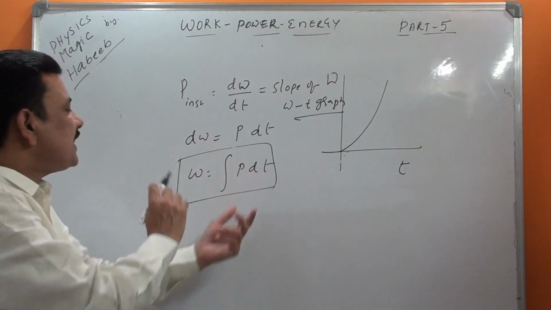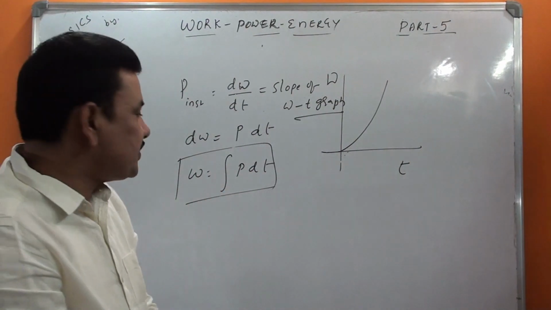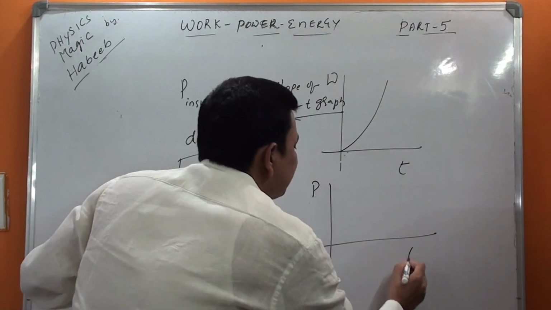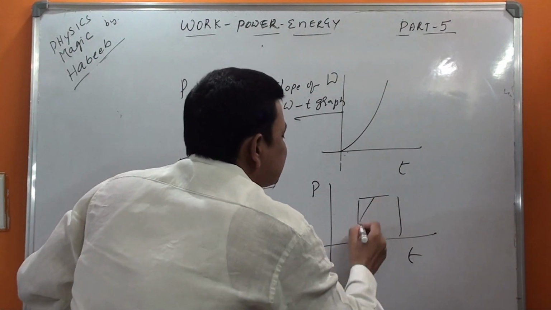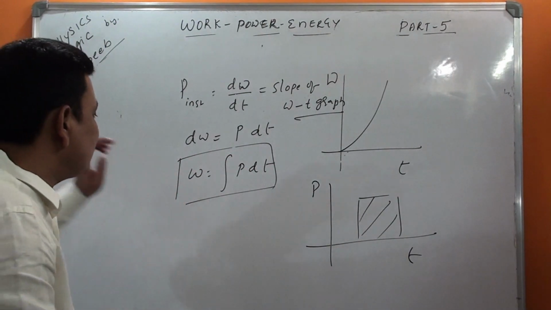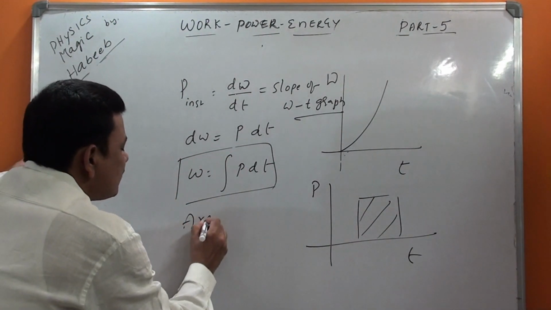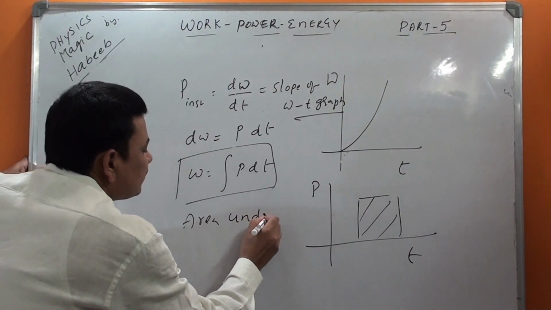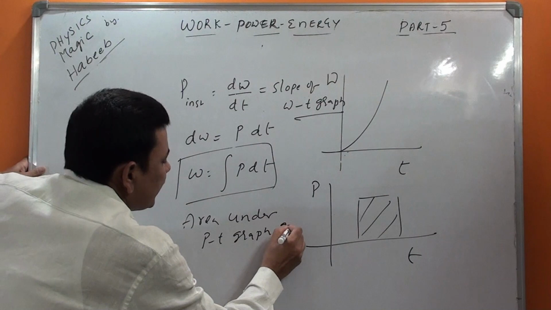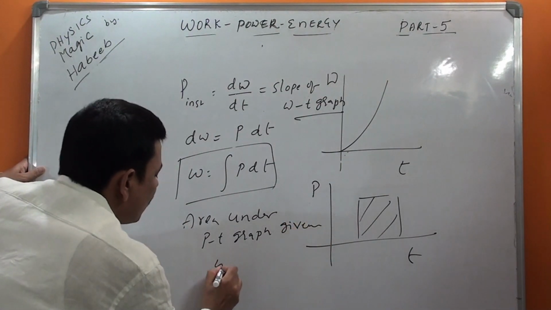So if you plot a graph between P and T, the area under this PT graph will give you work done. So the area under the PT graph gives work done.